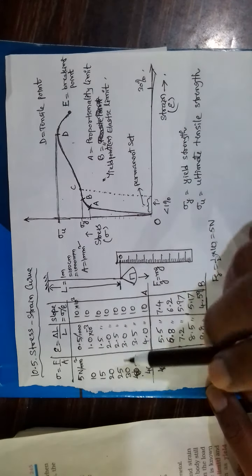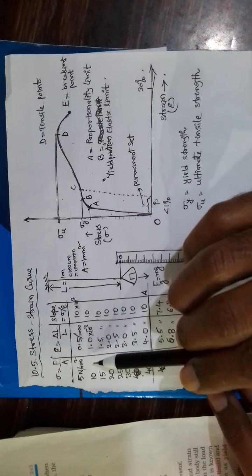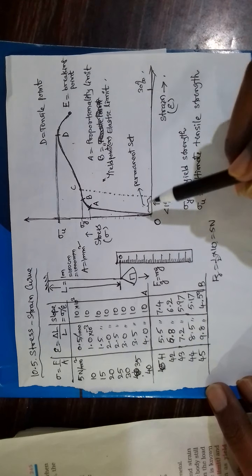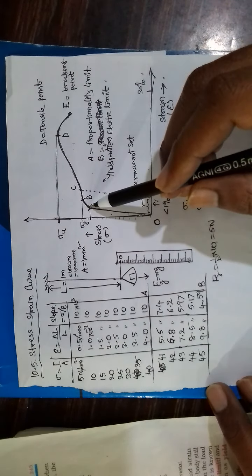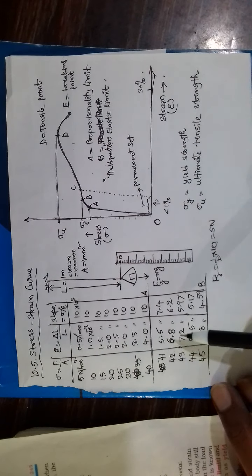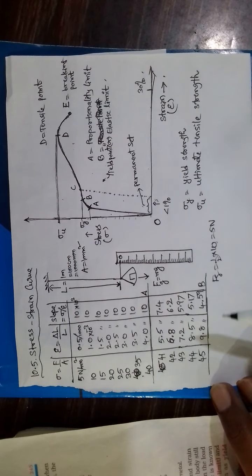Because here you increased by 5 newtons, because large stress produced only small strain. That's why you have taken large stress. But hereafter, after a point, to produce the same strain, that much force is not required. Just 1 newton is enough to cause the same strain change.